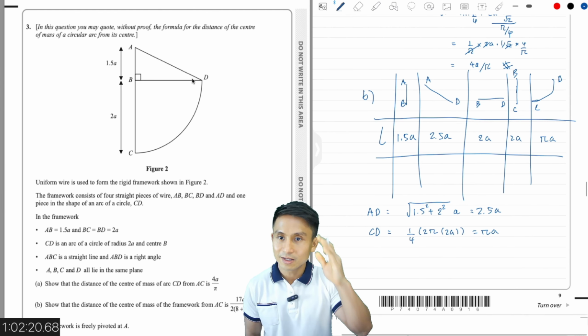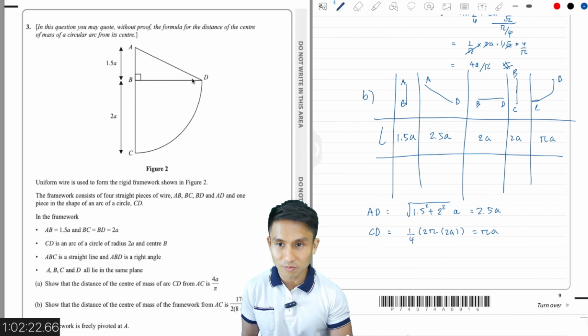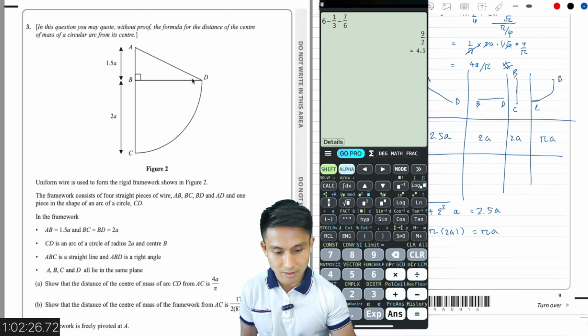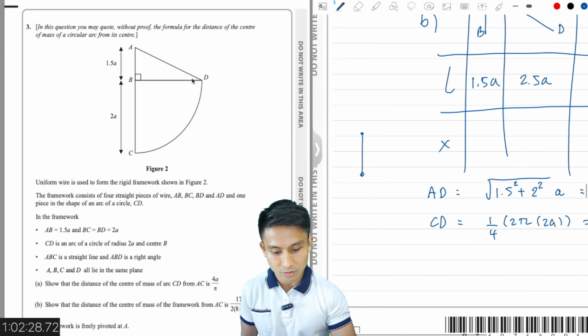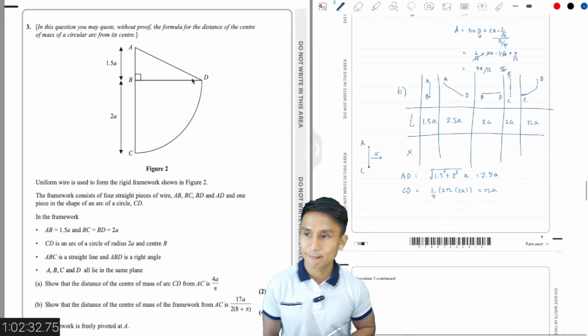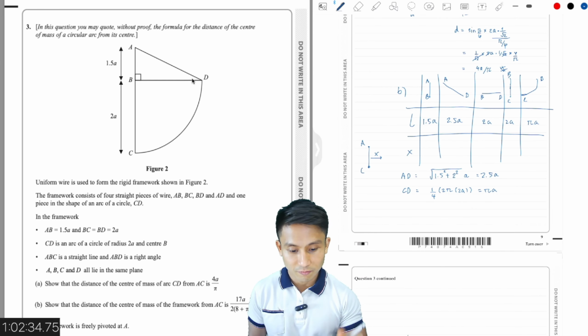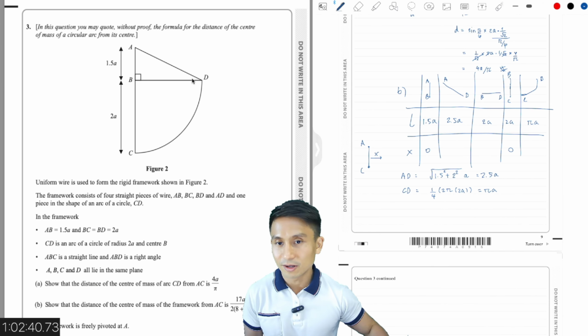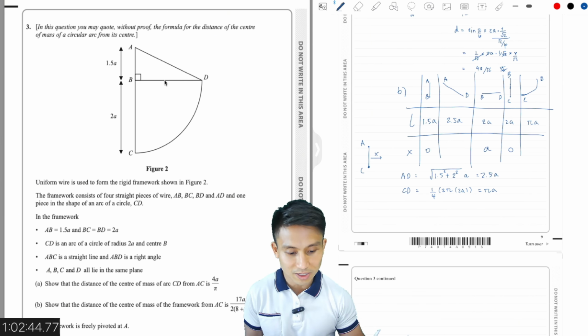And now the center of mass direction from AC, I'm just going to do x. So AC is here, this is AC and x will be that for each one. Okay, so for AB it is 0, for BC it is 0. For BD, it should be halfway, so that's a for BD.